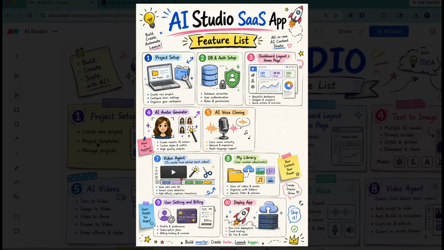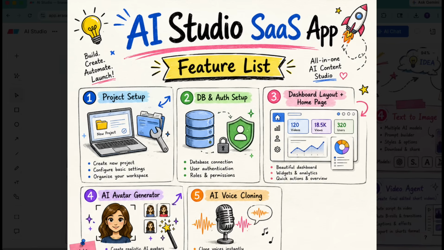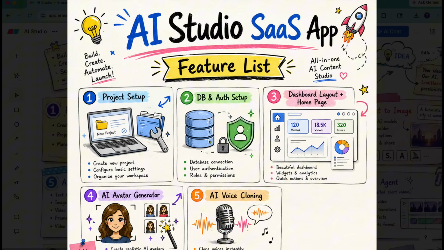Also, we are not paying anything to implement this project using Codex. You can use a free plan or a pro plan as well, or any of your subscriptions. Now let's start by creating the project first, and then we'll go to the next chapter one by one.